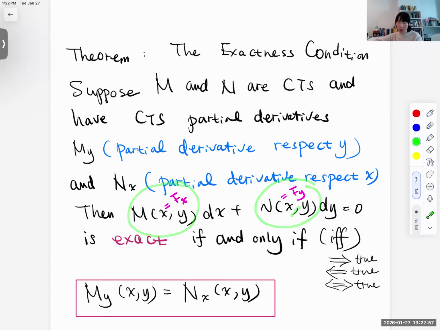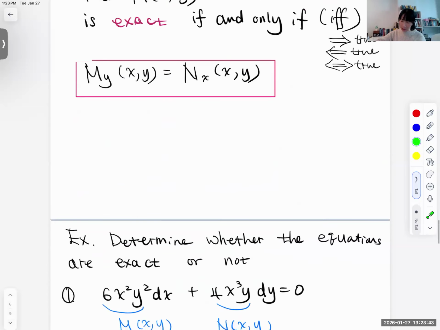Now they say the partial derivative with respect to x, they are equal to each other. In that case, the partial derivative with respect to y, and this one the partial derivative with respect to x. Let us do an example so we understand that. So M sub y equals N sub x. That means the partial derivative with respect to y and the partial derivative with respect to x are equal to each other. Okay, so we have an example here.